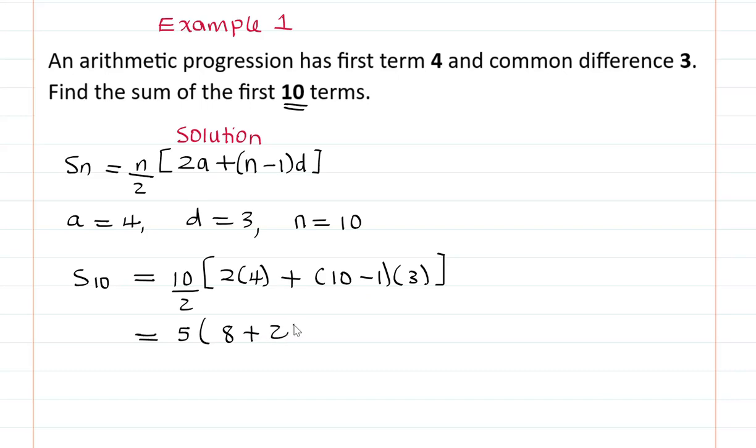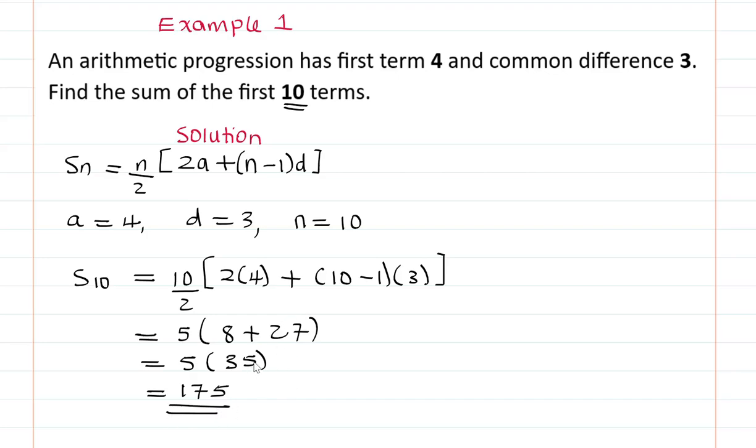So we have 8 plus 27. Therefore, we shall have 5 into, press your calculator, 27 plus 8, around 35. This is 35. And then 35 times 5, 175.